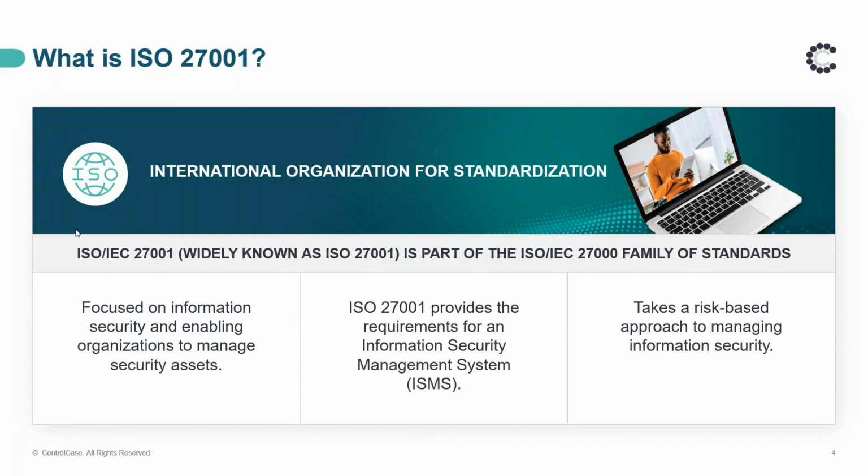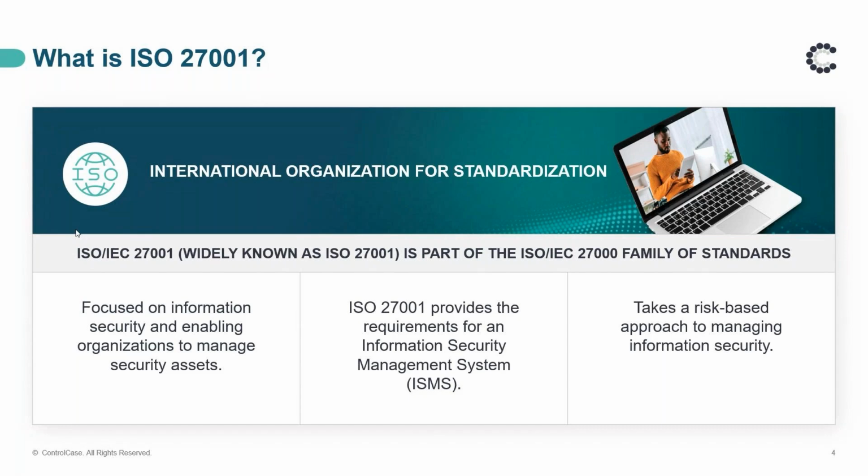27001 is specifically designed to help organizations establish and maintain an effective framework of policies and procedures and its implementations to manage the confidentiality, integrity, and availability, the CIA triad, of their information. Now, this is done through a risk-based approach and a systematic approach.